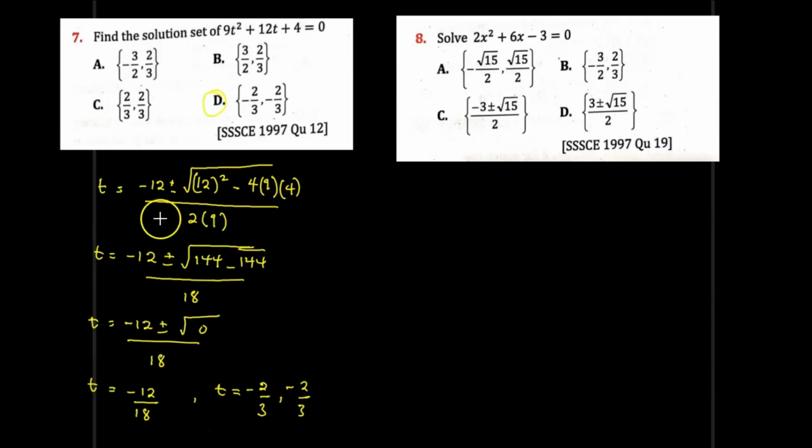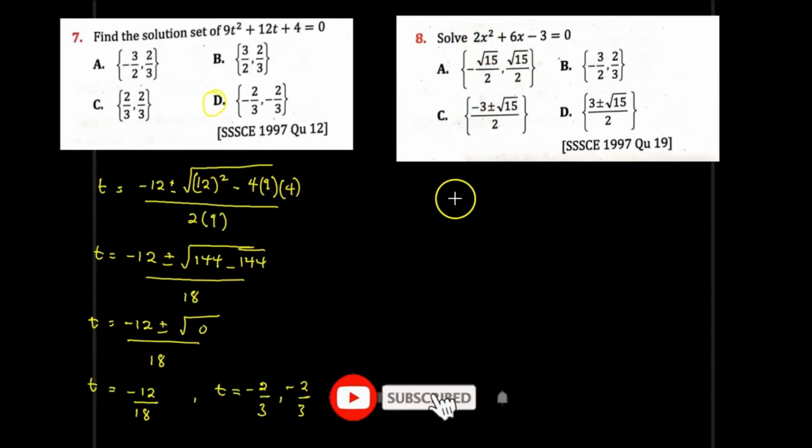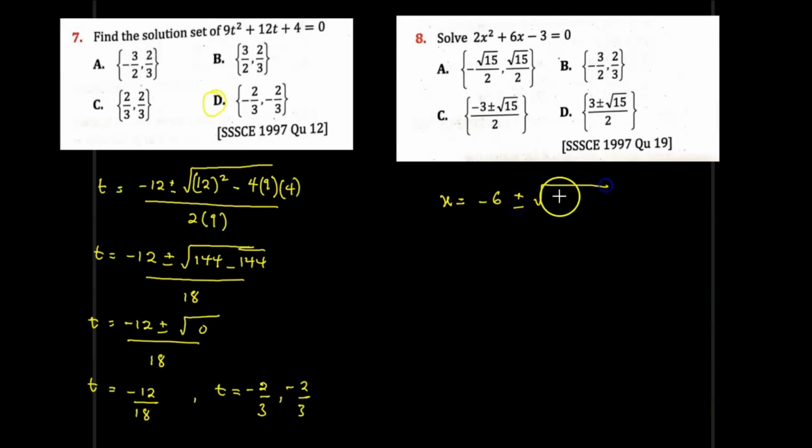Now, with the same idea, we can use it to solve this question. This time around, the variable is x. So it's going to be x is equal to minus 6 plus or minus square root of 6 all squared minus 4 times 2 times negative 3.